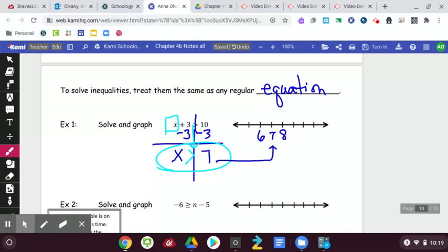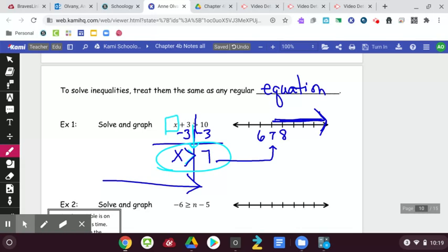I didn't make it nice, but whatever. Okay. And I'm going to shade in anything greater than 7. Everything to the right is greater than. I want to note to you that if this thing were an arrow, it would be pointing to the right. And notice this is pointing to the right.